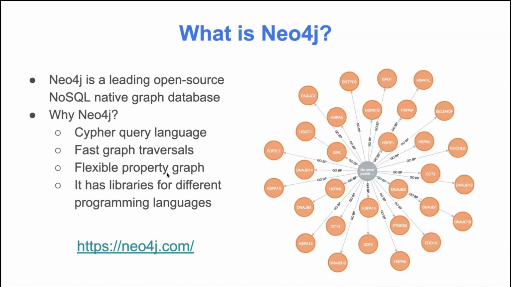The graph traversals are really fast. We also have a flexible property graph, which I will discuss in a bit. And it has libraries for different programming languages, so you can use it with Python, JavaScript, Java, or whatnot, and use it easily.